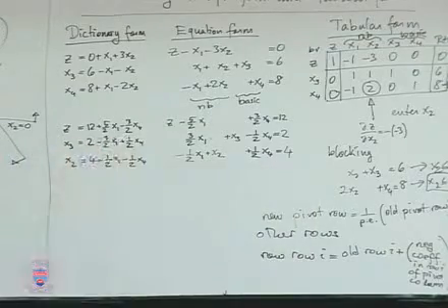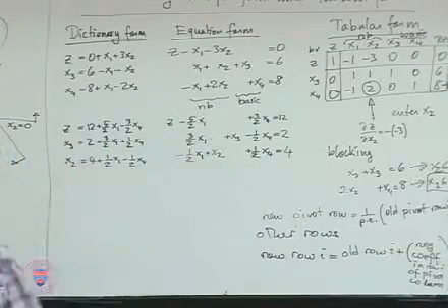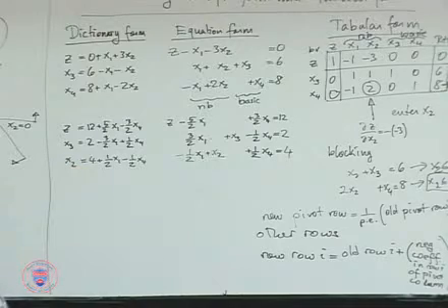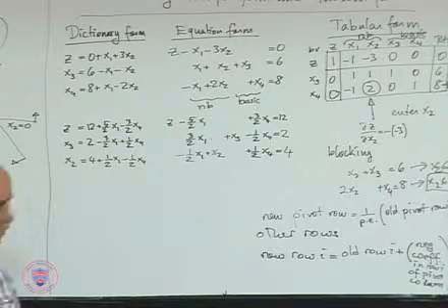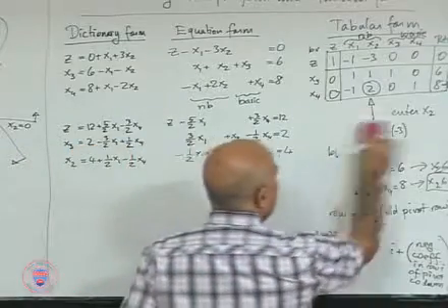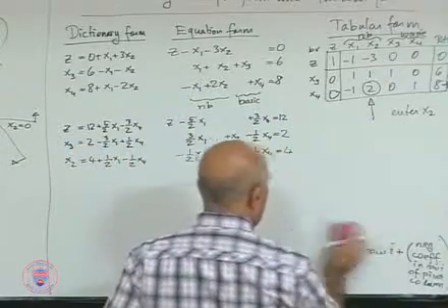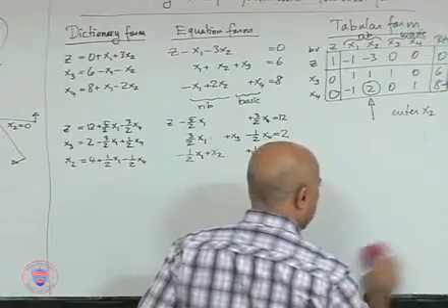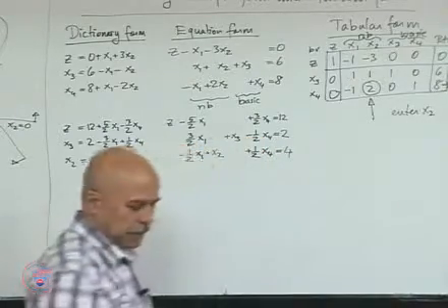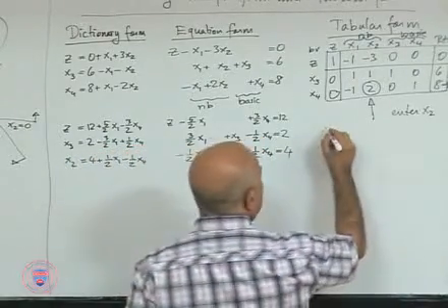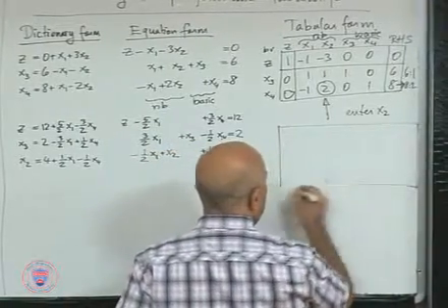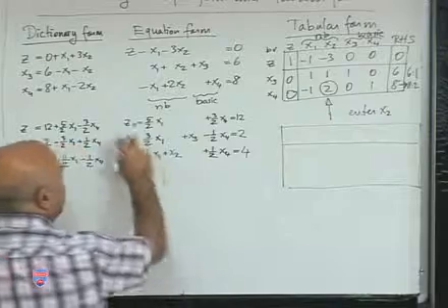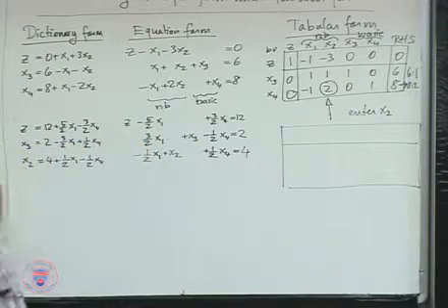The same equations written in the usual form with all the variables on the left. And the tableau, after the pivoting operations, simply gives you the coefficients you would see here.